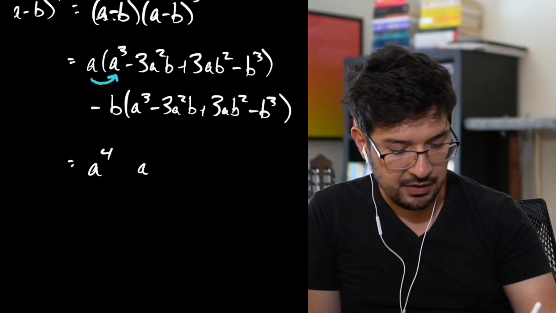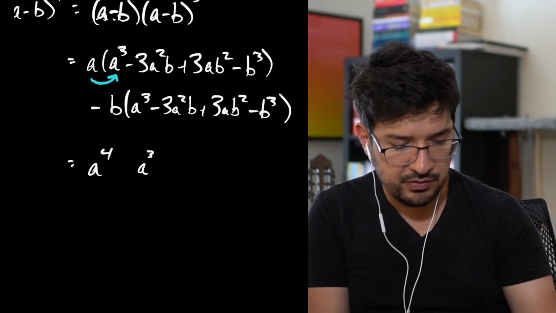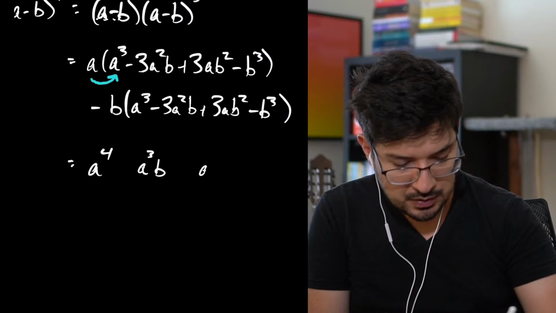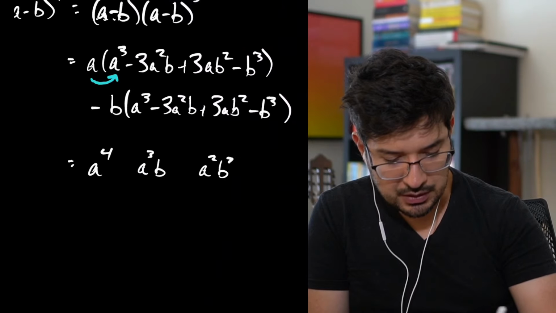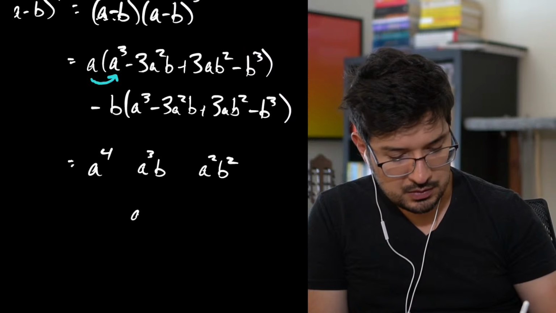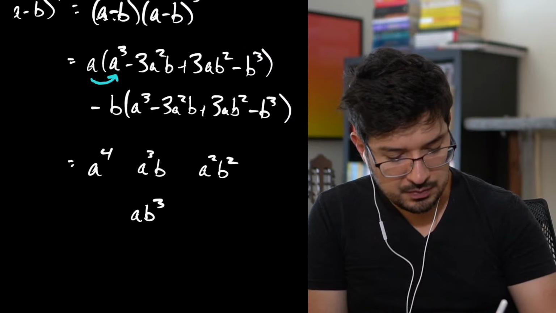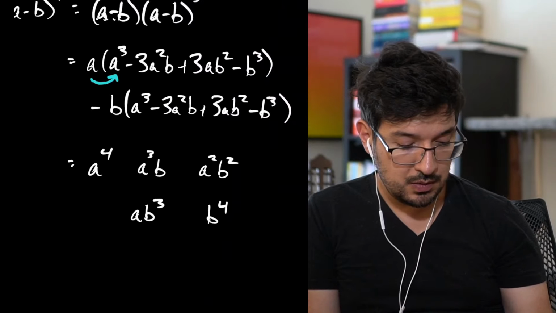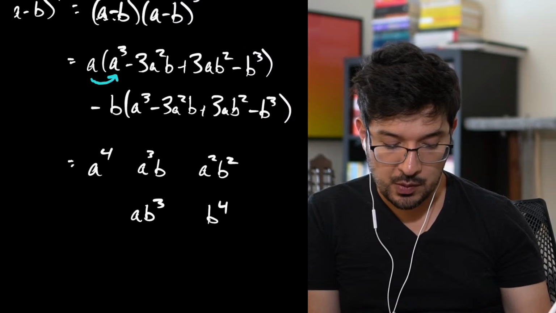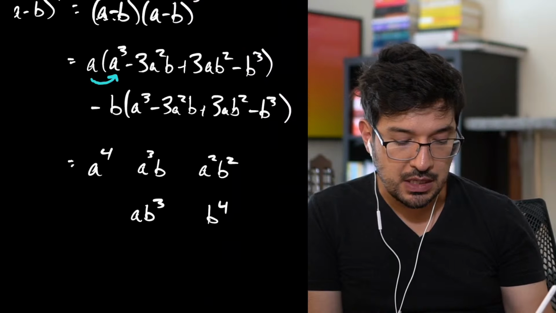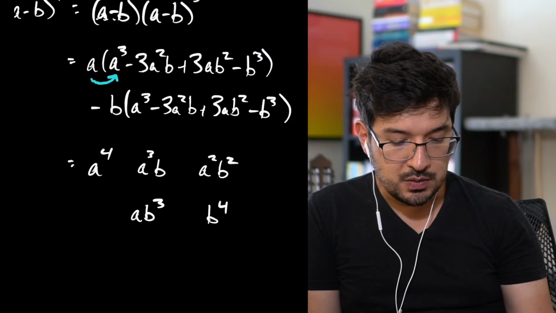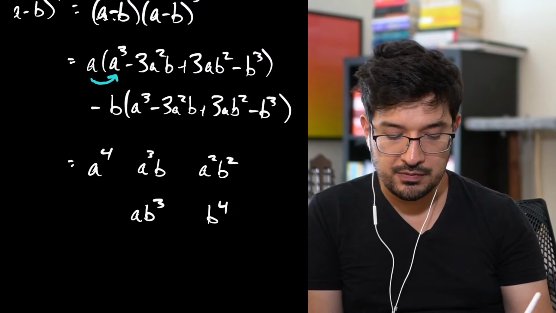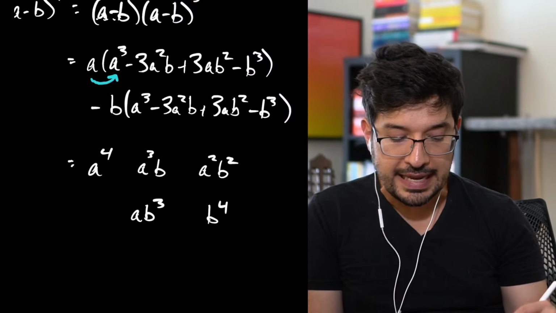There's going to be some a to the fourth terms, some a cubed b terms, some a squared b squared terms, some ab cubed terms, and some b to the fourth terms. So if we just find the right coefficients, then we're done. You could scan and look at all of the terms and see that every term matches one of these cases.